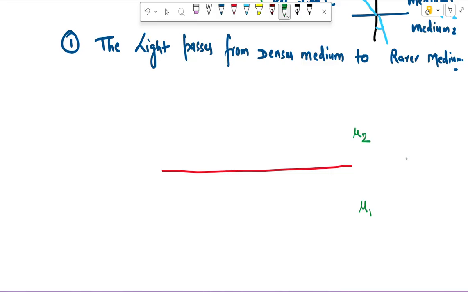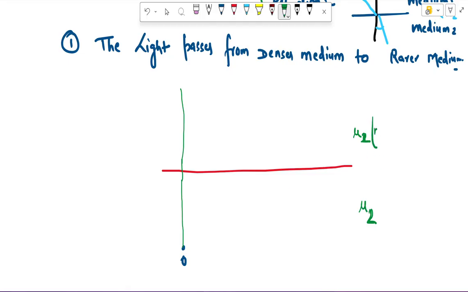You can also take mu 2 and mu 1, it depends on you, but in NCERT mu 1 and mu 2 are used. Now, the light is going from the denser medium to the rarer medium.